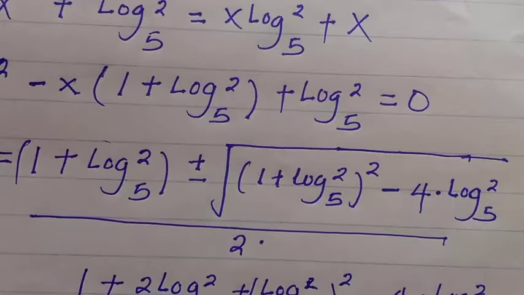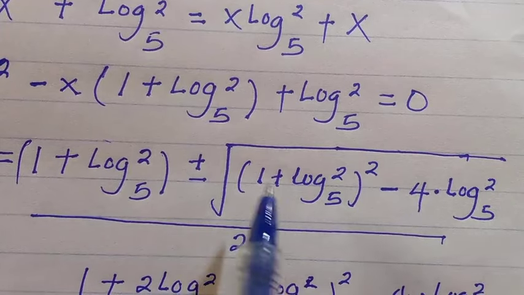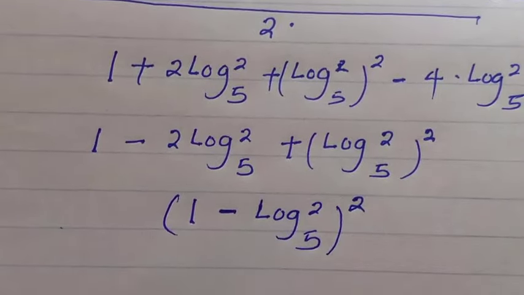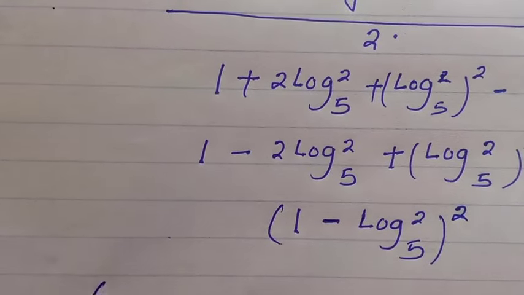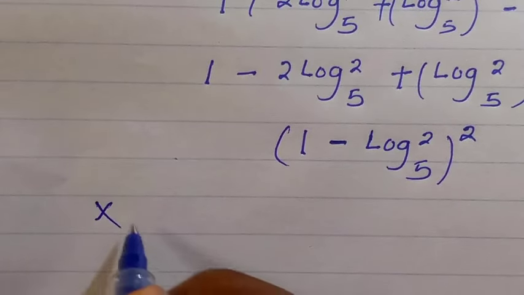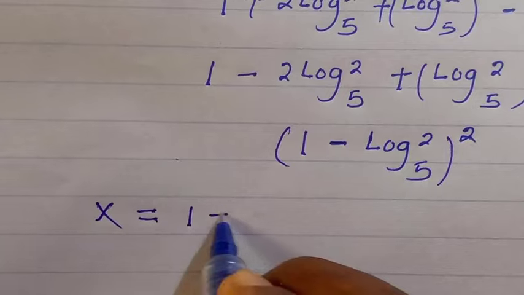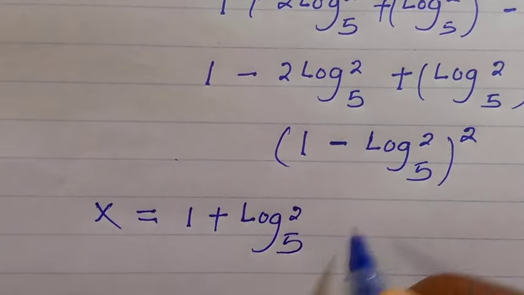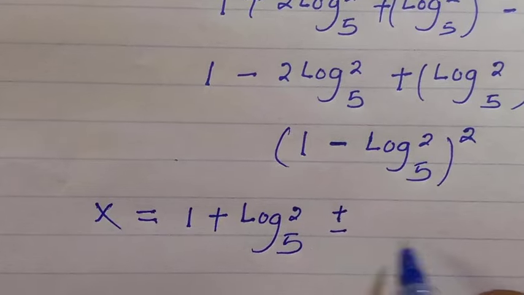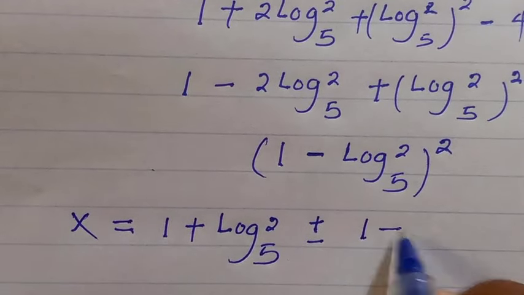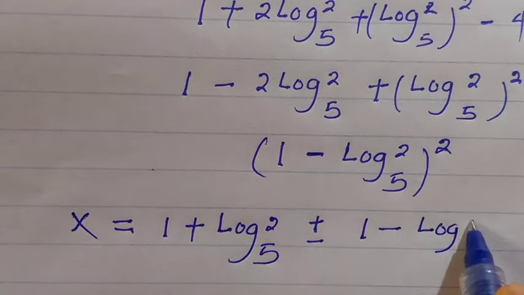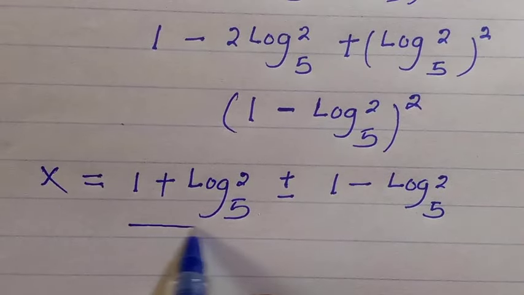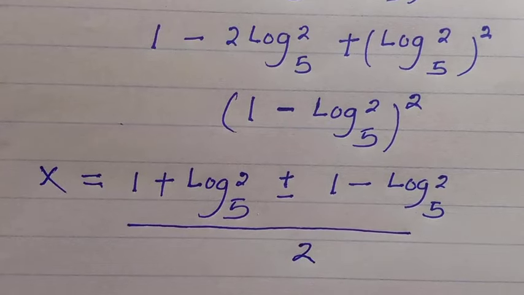When we substitute it in, this square root and this square negate each other. Therefore, we have x equals 1 plus log 2 base 5 plus or minus 1 minus log 2 base 5, all divided by 2.